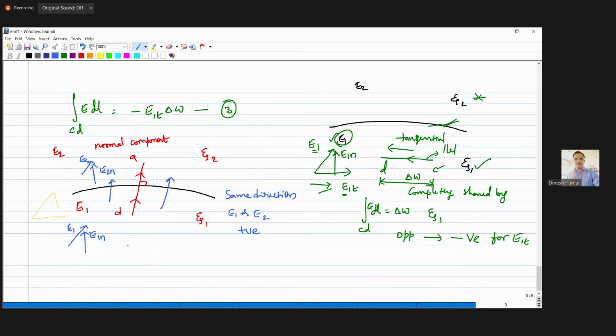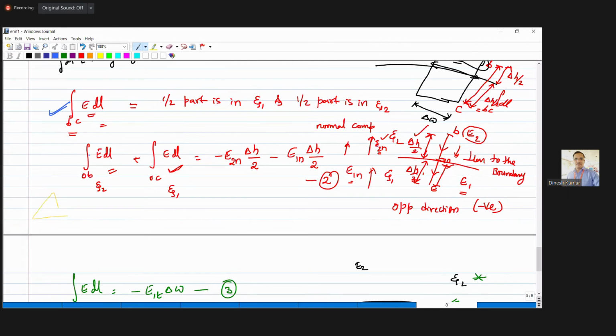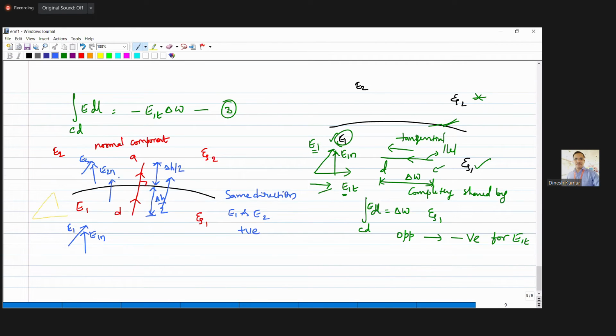So E1 and E2 will be positive. Here, half the part is in epsilon2 and half the part is in epsilon1, so that is delta H by 2, and similarly it is also delta H by 2. Earlier, what we did in the case of conductor BC, similarly we have to do for the conductor DA.